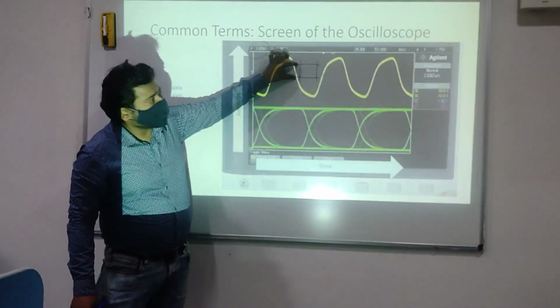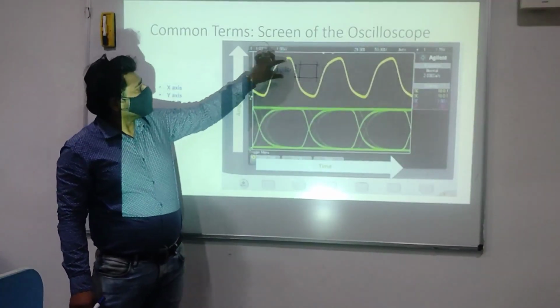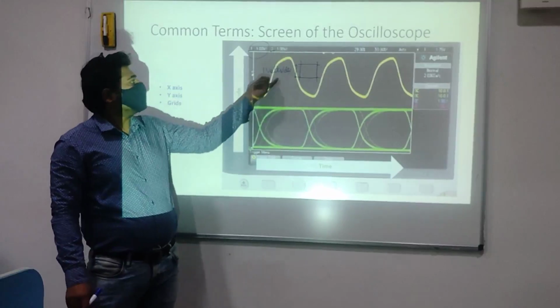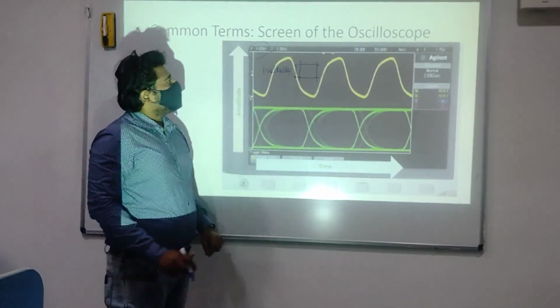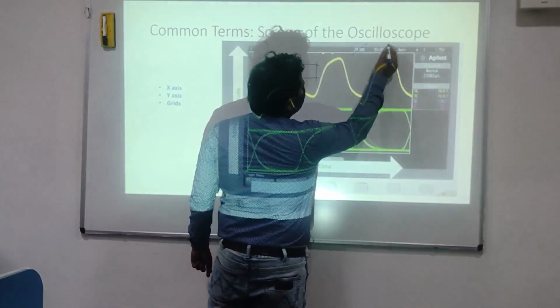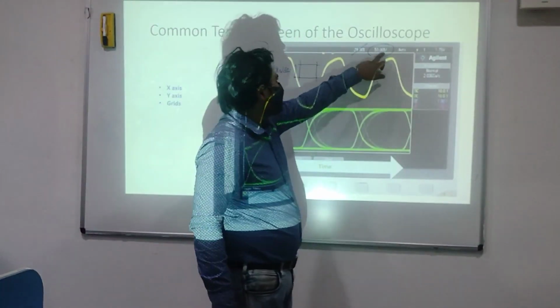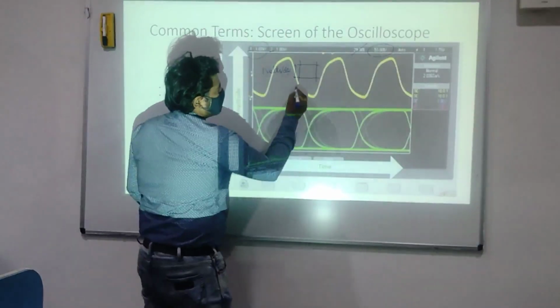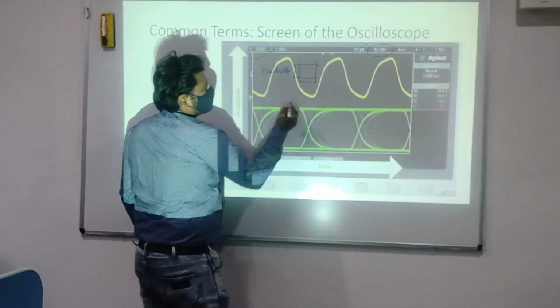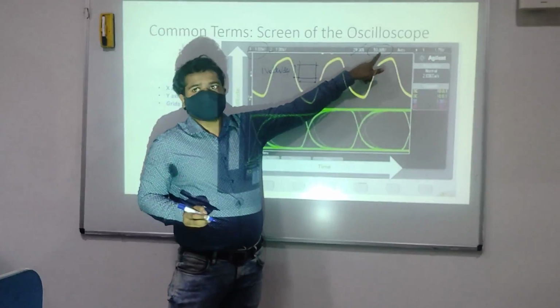This grid height is 1 volt. Similarly, here it says 50 microsecond, for example. Likewise, this is for time.